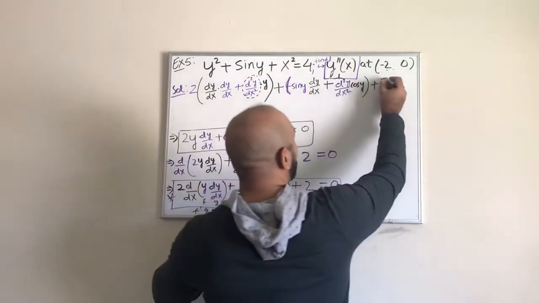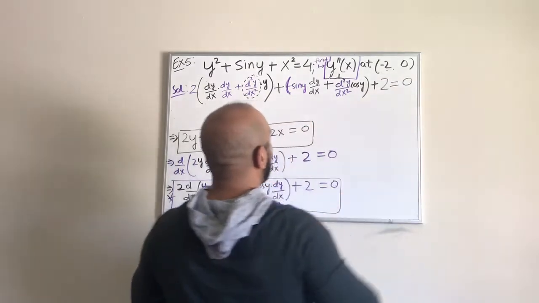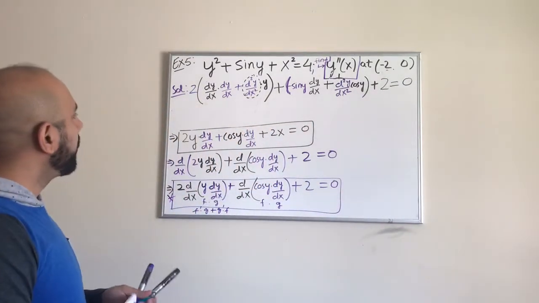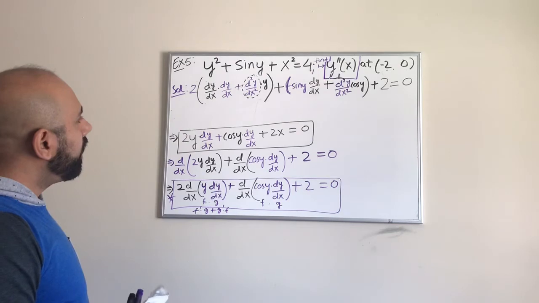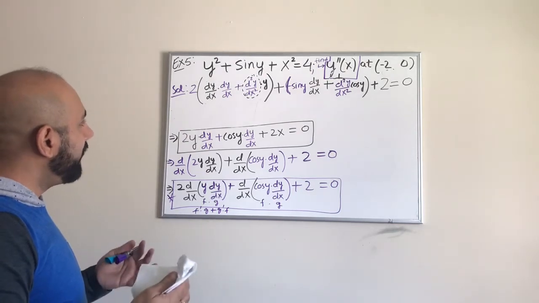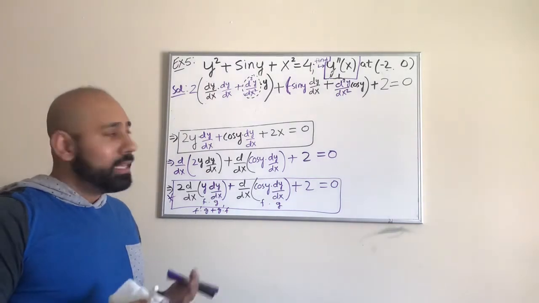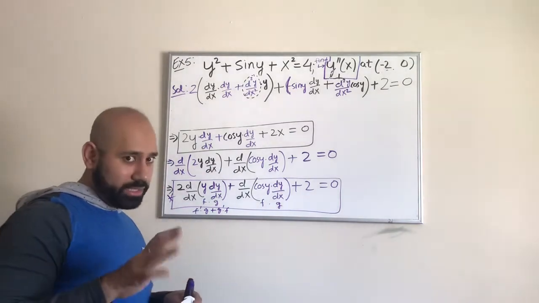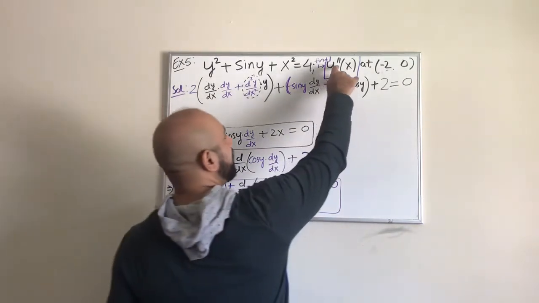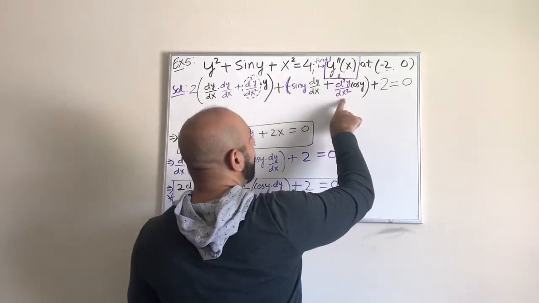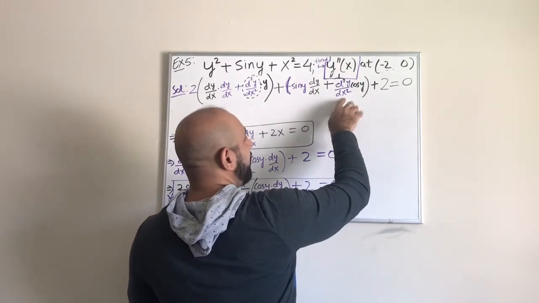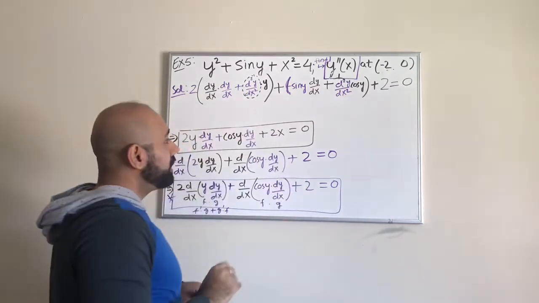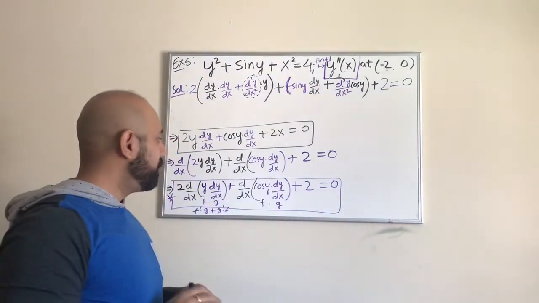So plus 2 equals 0. Okay, so I think we are almost done with applying the derivative a second time and actually executing that step. That is all. We are not going to take the derivative anymore because all we needed was y double prime, and we can already see y double prime here as well as here. So we stop here as far as the taking derivative piece is concerned.